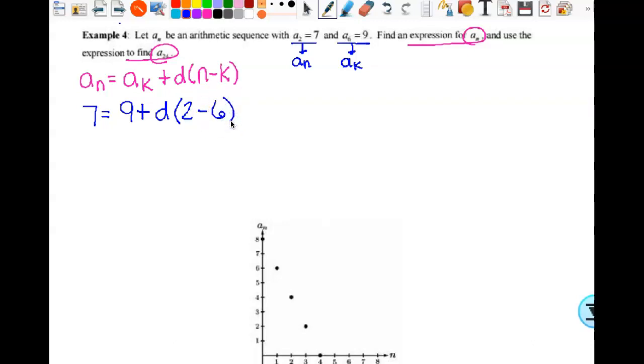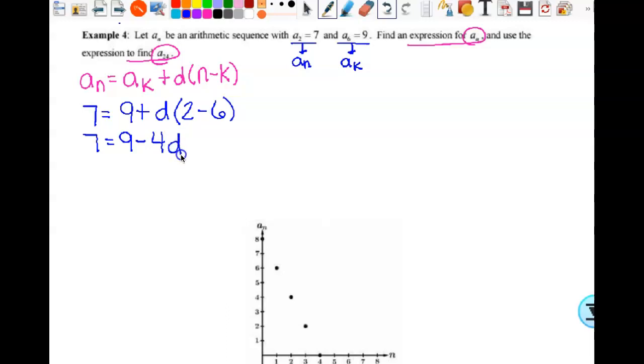Any questions about where any of those numbers came from? All right, let's clean this up a little bit. 7 is equal to 9 plus, and then this is negative 4 times d. So here, I could do plus, but really I could just do minus 4d. It's a little easier.